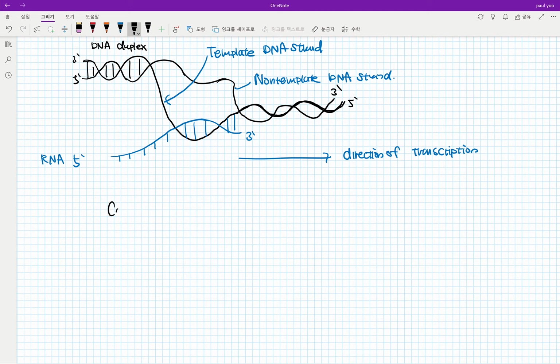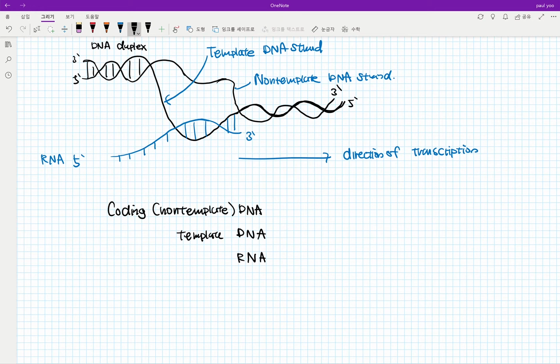So for coding, just non-template DNA and template DNA and RNA.